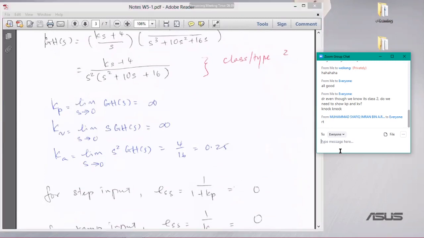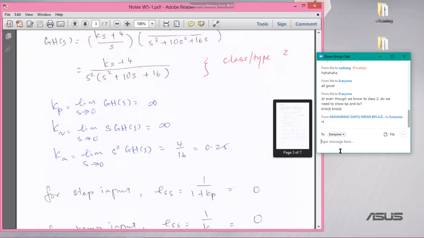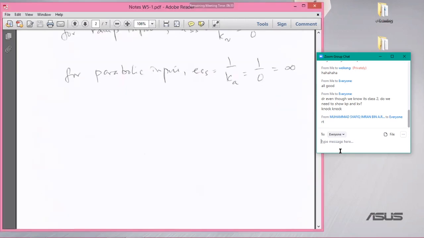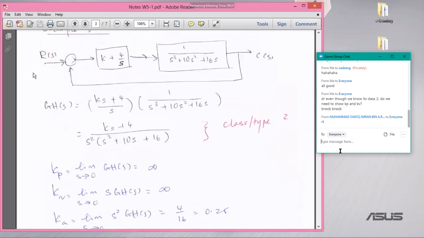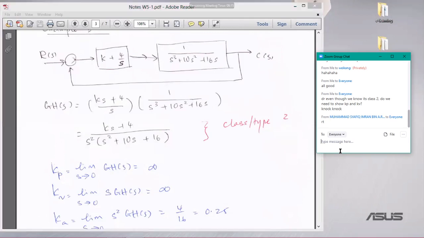In fact, it depends on the question. Normally we are just going to look at one type of input. Given one input, whether unit step or unit ramp or whatever, you just need one of the error constants only. But this is just to illustrate the usage of those error constants. So it will depend on the question.